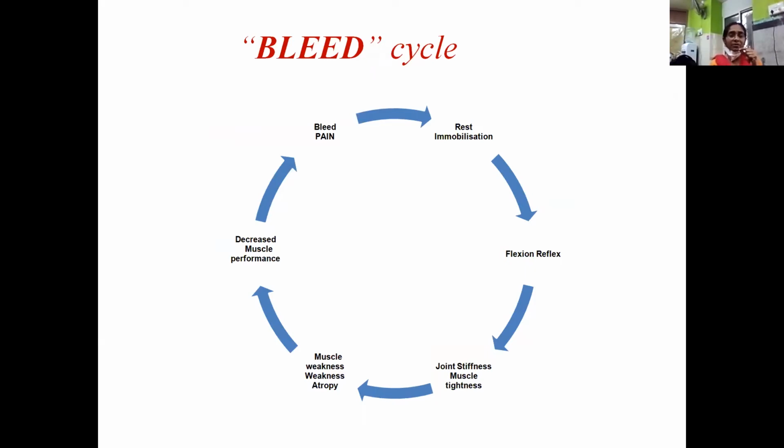If it is allowed to stand for a long time, the muscle will finally develop atrophy. With atrophied muscles, the muscle strength will be less. As a part of that, the joint will become more unstable, and they are prone to recurrent falls. So that is the bleed cycle. That gives the importance of why we should treat each hemarthrosis on time.